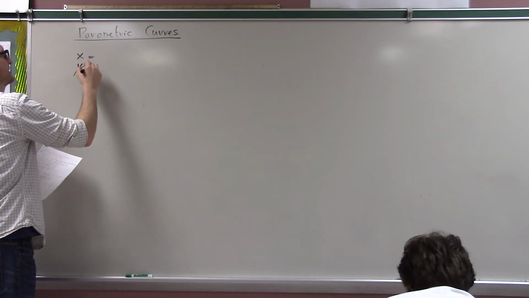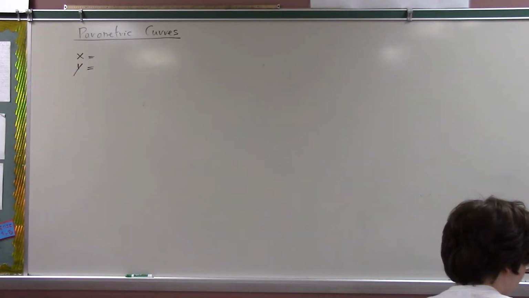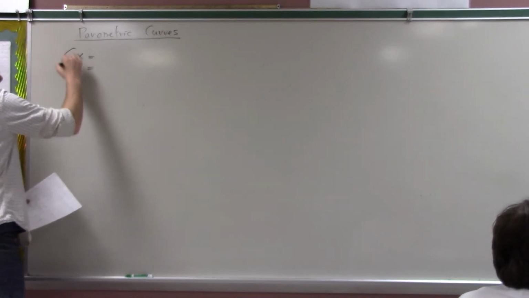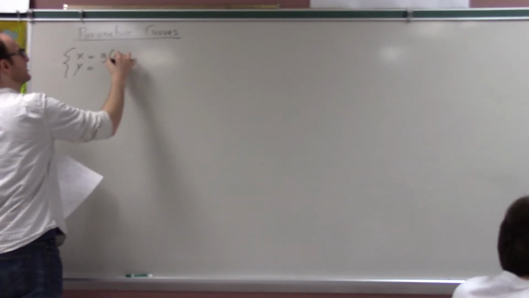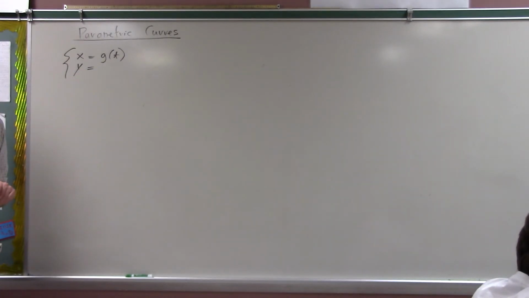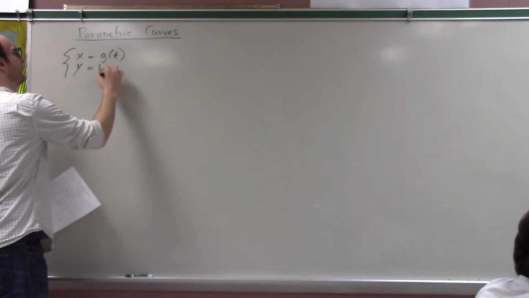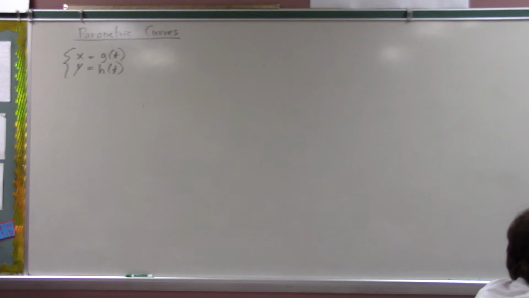When you have a pair of parametric equations, there's an x equals curve and a y equals curve, and they independently, in terms of a parameter t, describe the motion in the x direction and the motion in the y direction. In general, x is some function of t, which I'll call g, and y is some function of t.